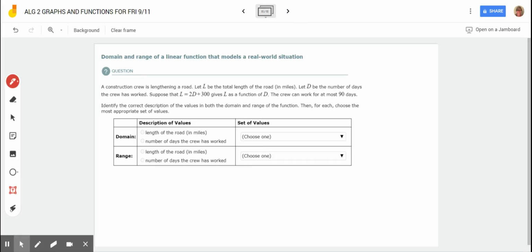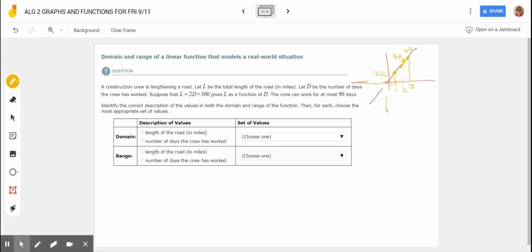Okay, domain and range of a linear function that models a real world situation. A lot of times in the real world, you might figure out a line, but the negative part makes no sense. For example, if you can make 20 cookies per 1 cup of flour, then 2 cups is 40, and 3 cups makes 60 cookies.